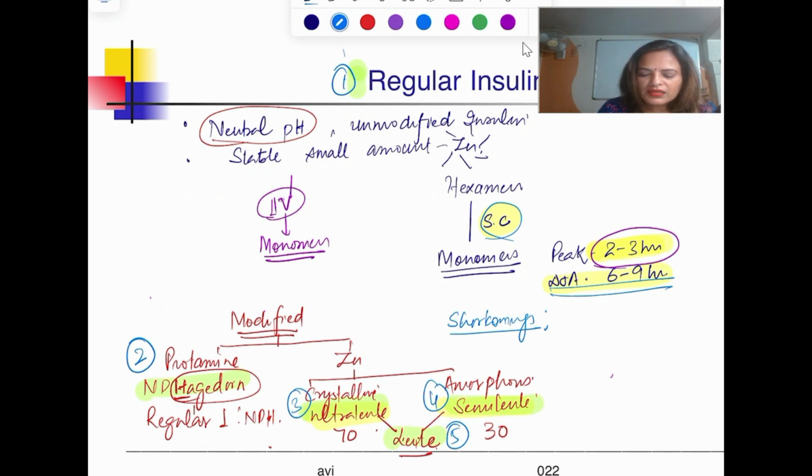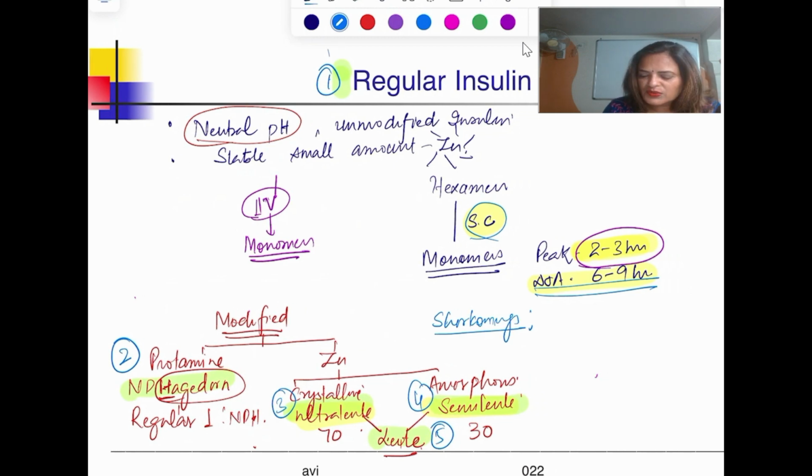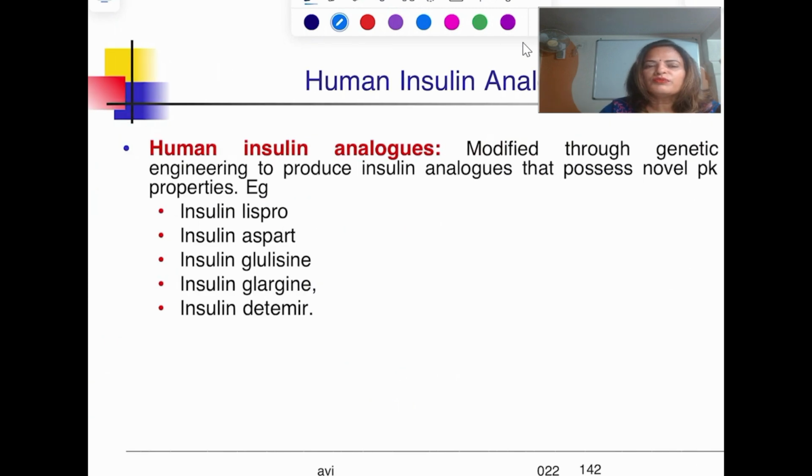Human insulin can be prepared by recombinant technology, or we can do purification with a purification technique. Then we have the insulin analogs. So what human insulin analogs do we have?